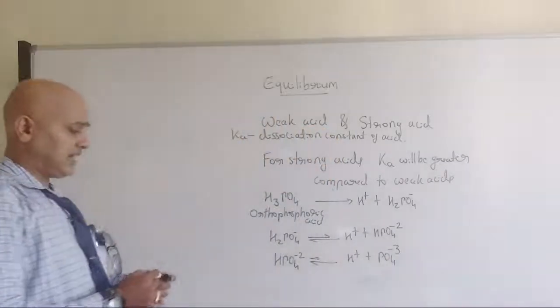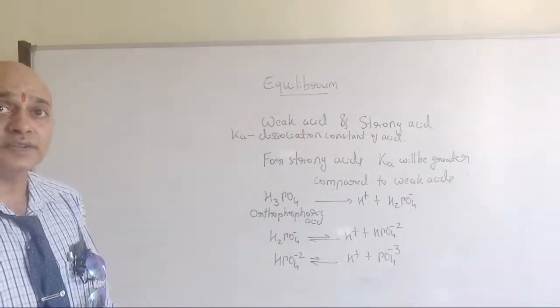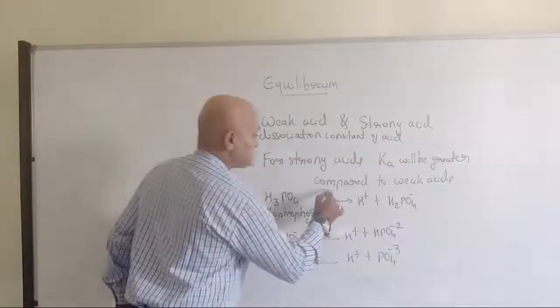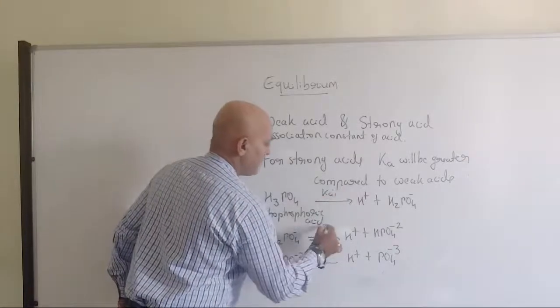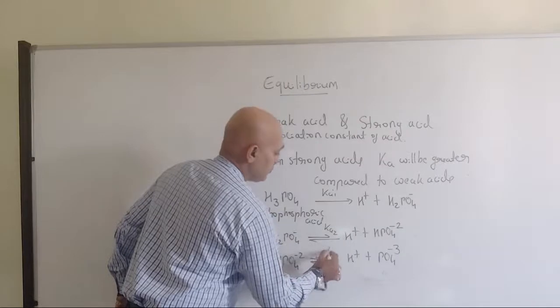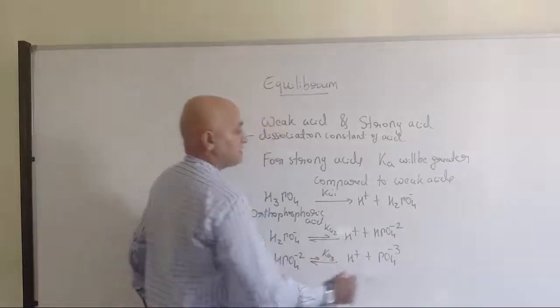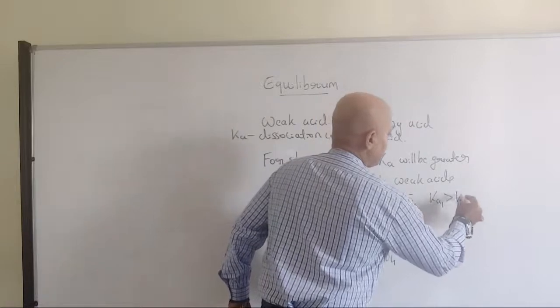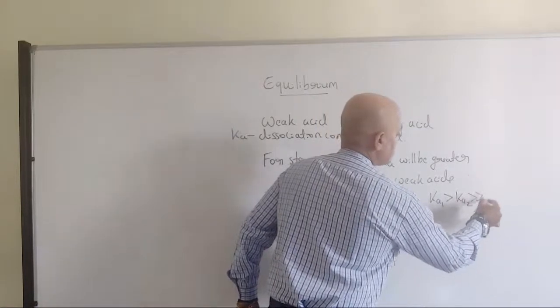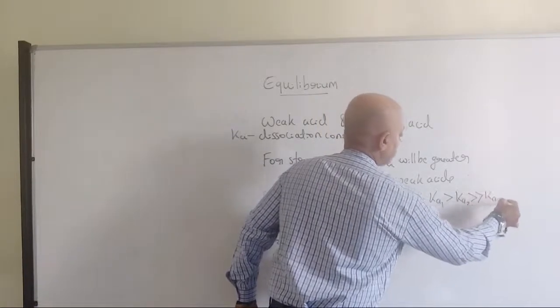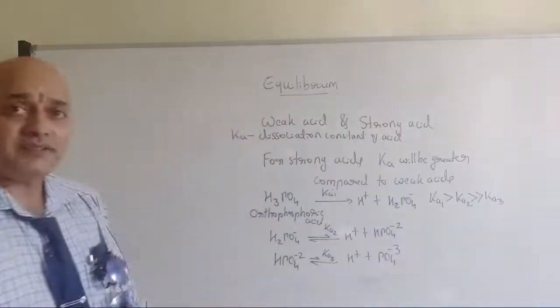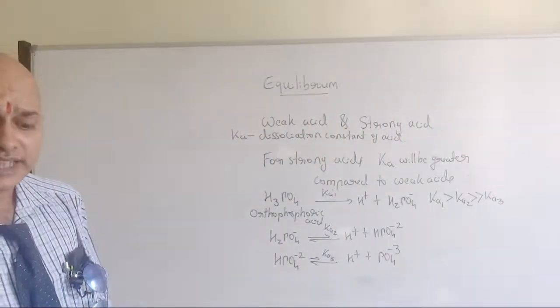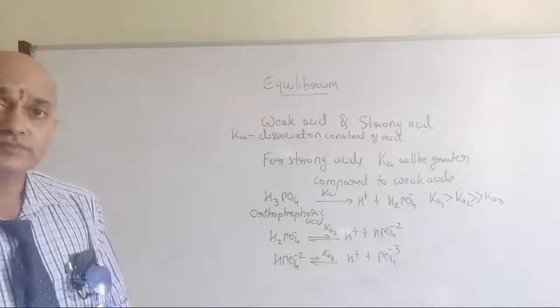And finally, HPO4 minus 2 will be dissociated as H plus and phosphate. Now naturally, how many dissociation constants? Ka1, Ka2, Ka3. So naturally Ka1 will be greater than Ka2, which will be much greater than Ka3. So that's where we have the dissociation constants.